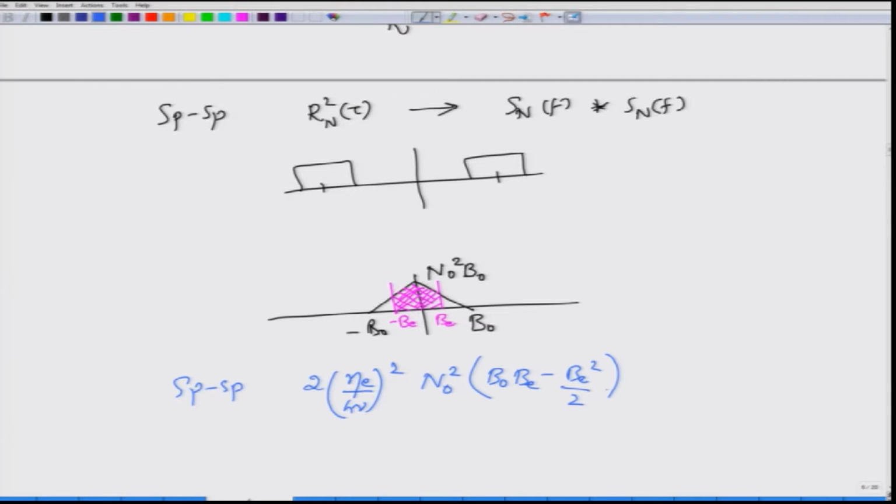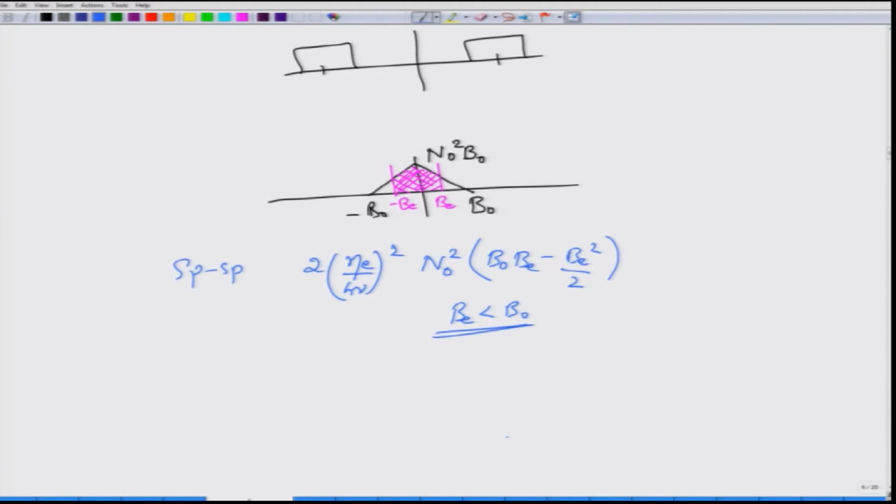Please remember that we have derived this under the condition that BE is less than B0. For this condition, this is given by this, and N0 square is the noise power that is actually sitting inside the optical noise itself. N0 is basically given by NSP (G minus 1) into h nu.